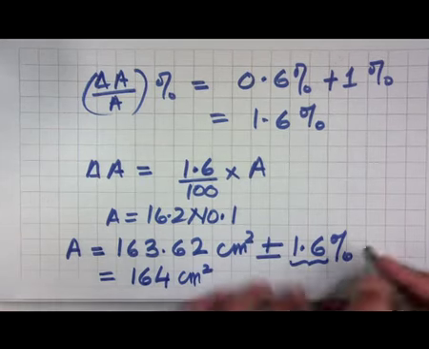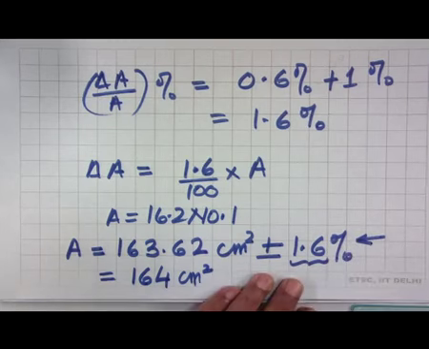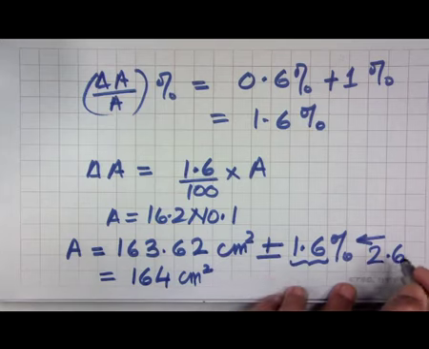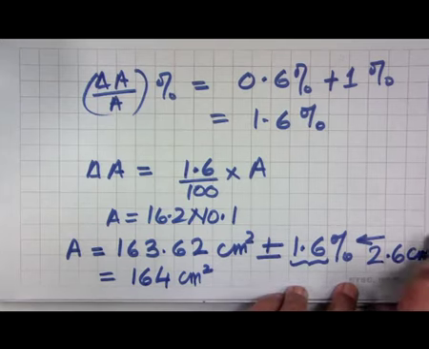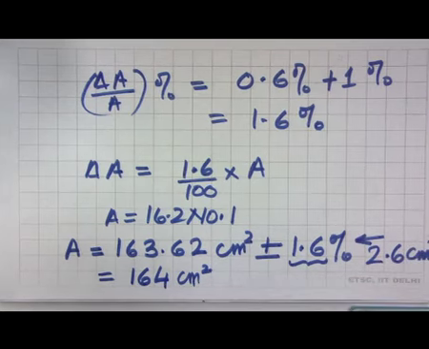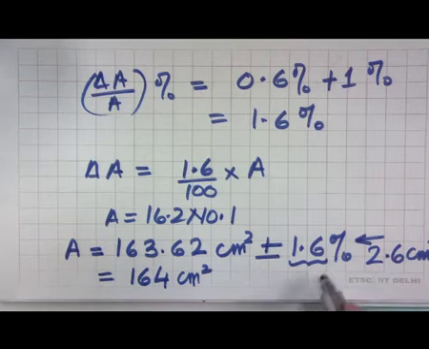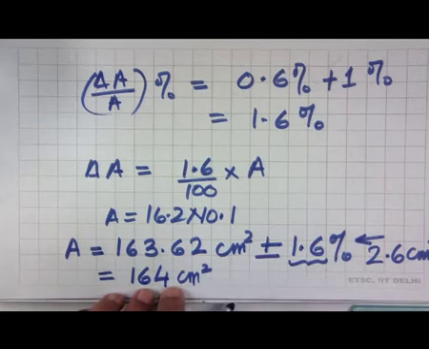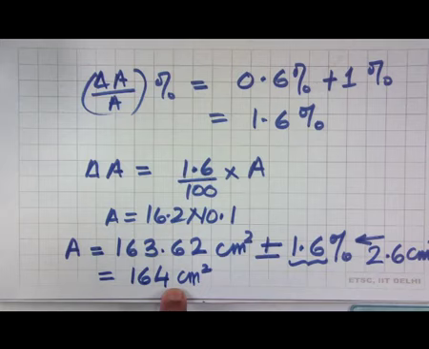Now, 1.6% of 163.62 becomes equal to 2.6 centimeter square. But this 2.6 which I get, I am adding up to 164, so I have to keep it to the same number of decimal places as 164.